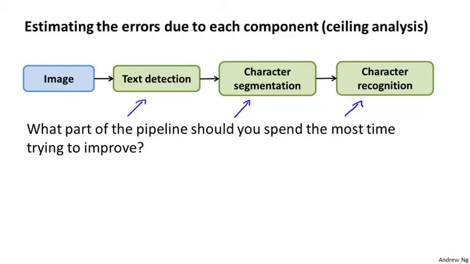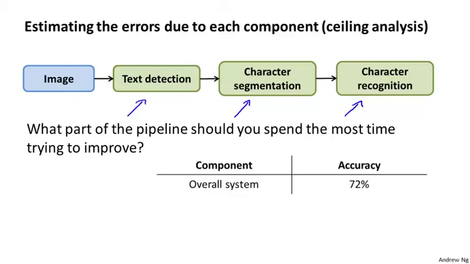As in the development process for other machine learning systems, in order to make decisions on what to do for developing the system, it is very helpful to have a single real number evaluation metric for this learning system. So let's say we pick character level accuracy. Given a test set image, what is the fraction of characters in the test set image that we recognize correctly?